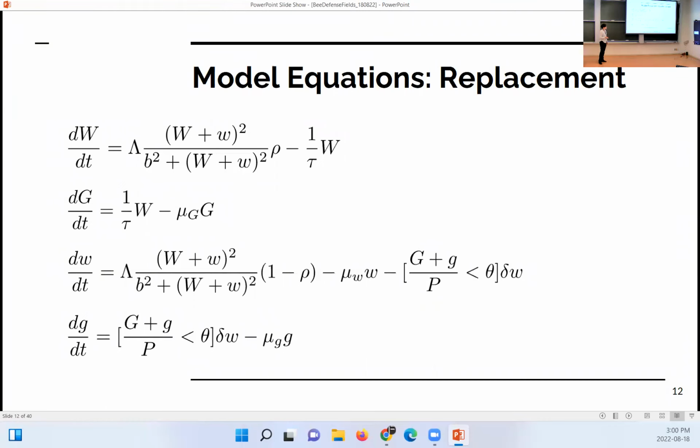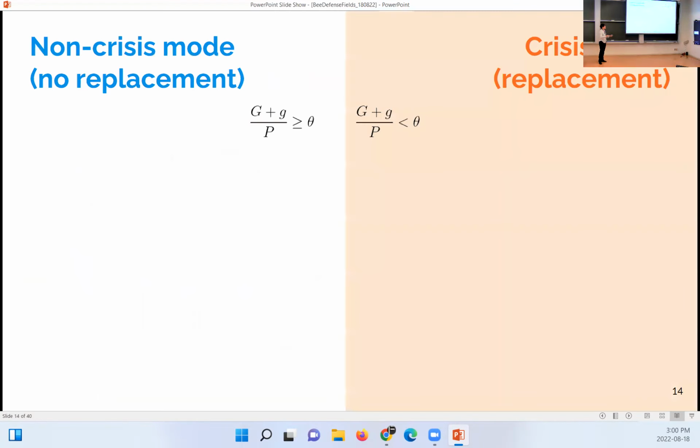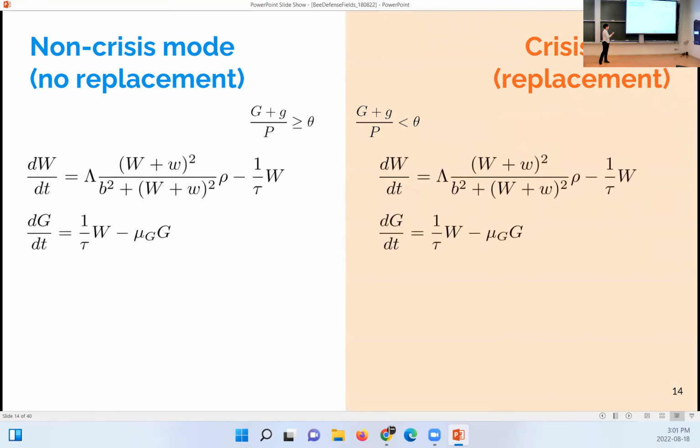All right. So that's the whole system, and that means there are basically 2 cases: when you have the replacement and when you don't have replacement. And they will be very similar systems of equations, just one of them has replacement and the other one does not. So for the majors, nothing really changes whether there's a lot of guards or not.